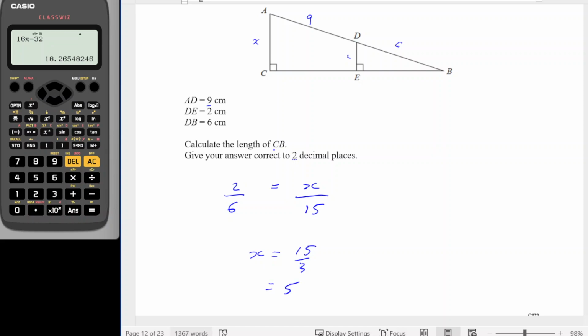But we were asked to work out CB. So in effect, now what we've got is this side is 15, this side is 5, and we want to work out this side here, which I'll call y now. So using Pythag, y squared is going to be equal to 15 squared minus 5 squared. So 15 squared minus 5 squared is going to give me 200.